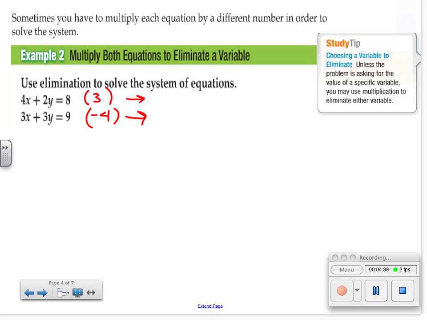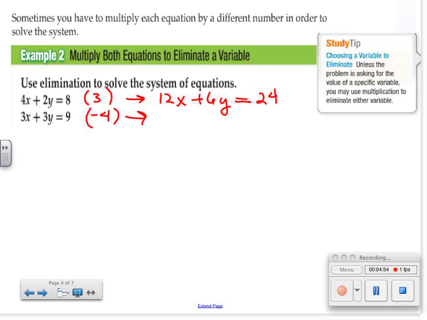And let's see what we get. 4x times 3 is 12x, and 3 times 2 is plus 6y, and 3 times 8 equals 24.